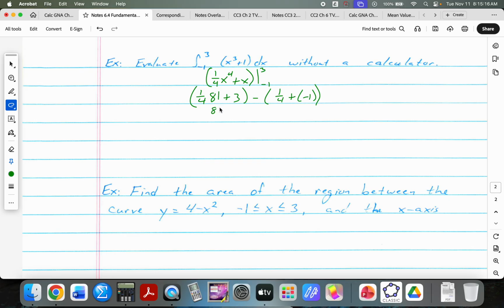So this is 81/4, and you're like, why don't you make that a mixed number? Well, you'll see in just a second. Plus 3 minus a 4th plus 1. 81/4 minus 1/4 is 80/4, which is 20. So this comes out to be 24.